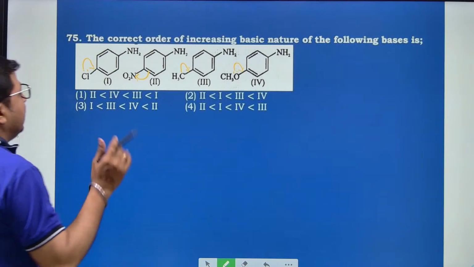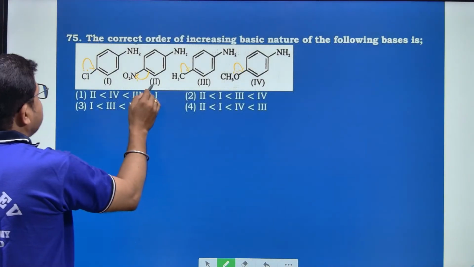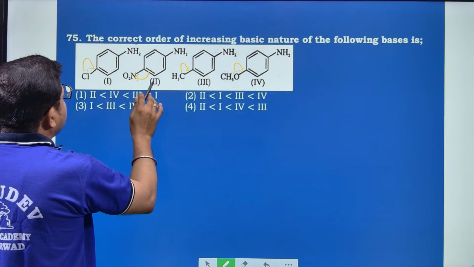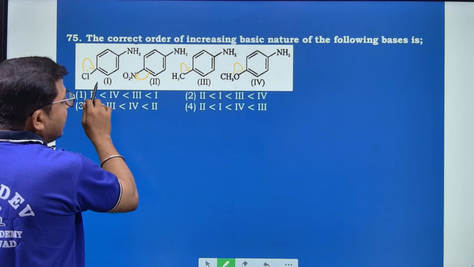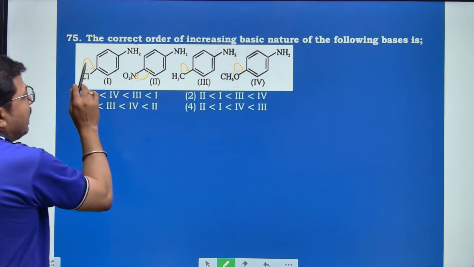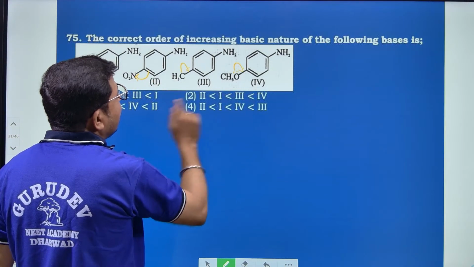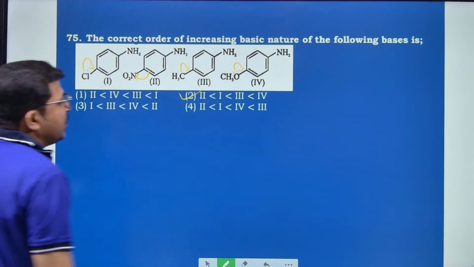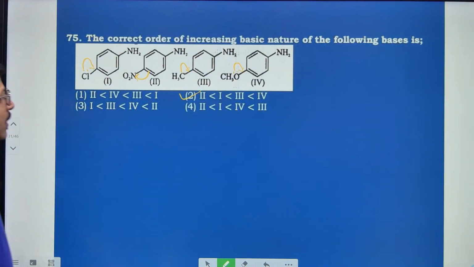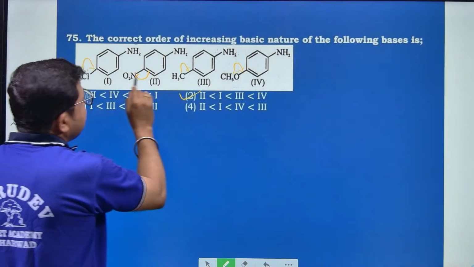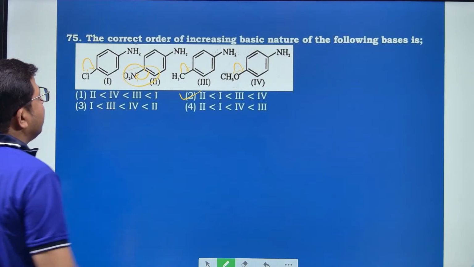Hence the right answer is: the second one is less than the first one, which is less than the third one, which is less than the fourth one. Hence option number 2 is the right answer, because the least basic one is option number 2.